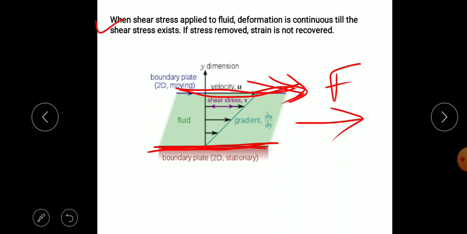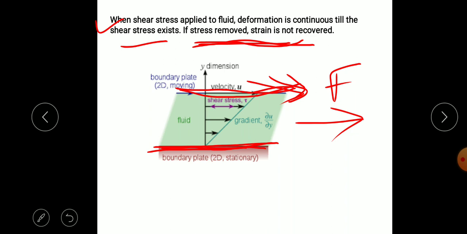When shear stress is applied to the fluid, the deformation is continuous. Water or any fluid will continuously change in length, that is, deform, and the liquid keeps flowing as long as the shear stress exists. If the stress is removed, we cannot get the original length back; the strain is not recovered.